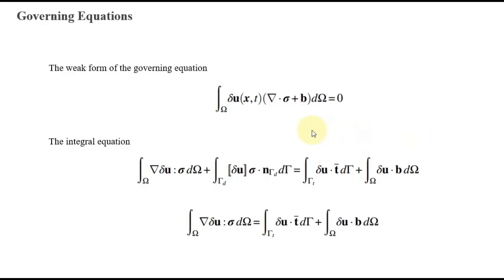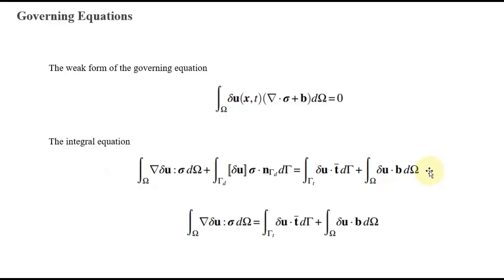We apply the Galerkin method to derive the weak form by multiplying the equilibrium equation with a test function delta u and integrating. Applying the divergence theorem, imposing the natural boundary condition, and satisfying the traction-free boundary condition on the discontinuity surface, the integral equation you can see in this form.